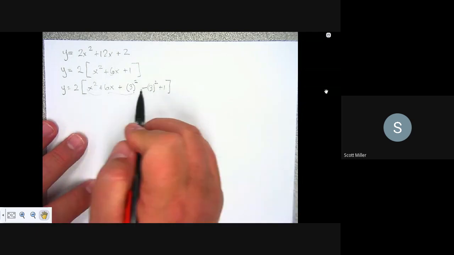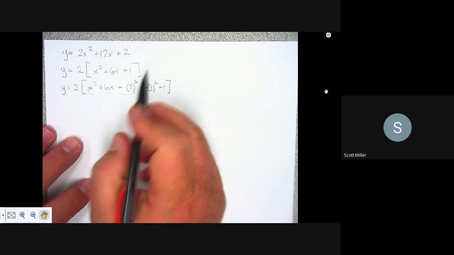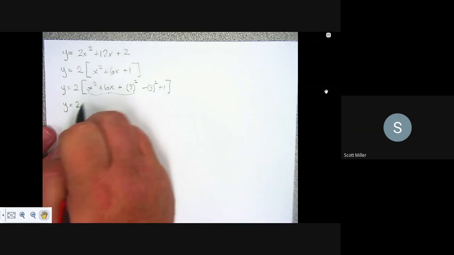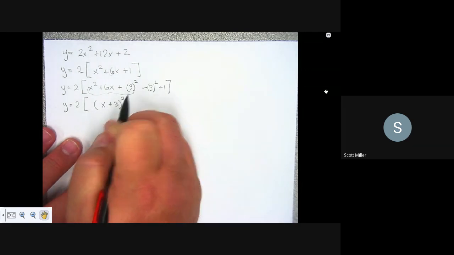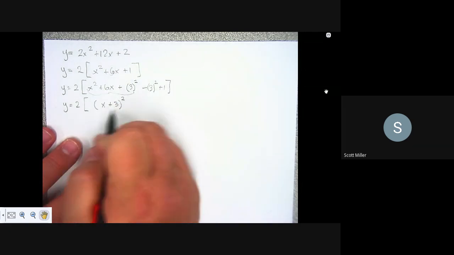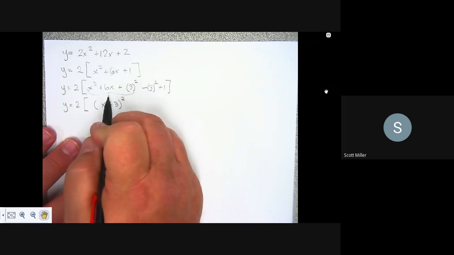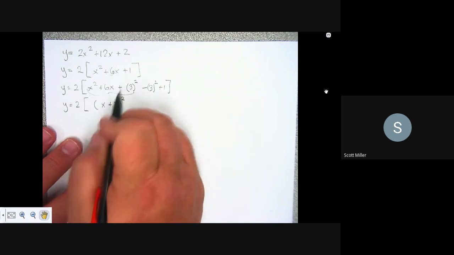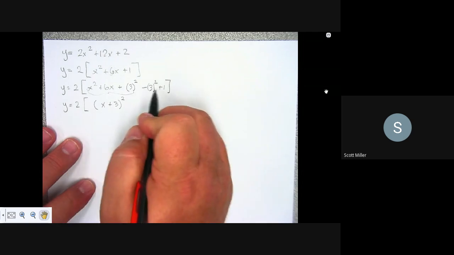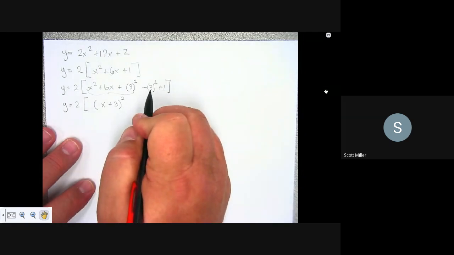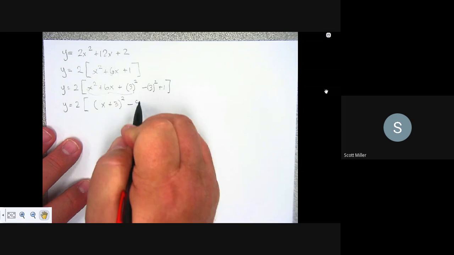These three terms right here become the perfect square trinomial, and that becomes x plus 3 squared. All three of these terms become this. Okay, basically what we did is we factored that out and got that. And then over here, this is minus 9 plus 1. So a negative 9 plus 1 is a negative 8.